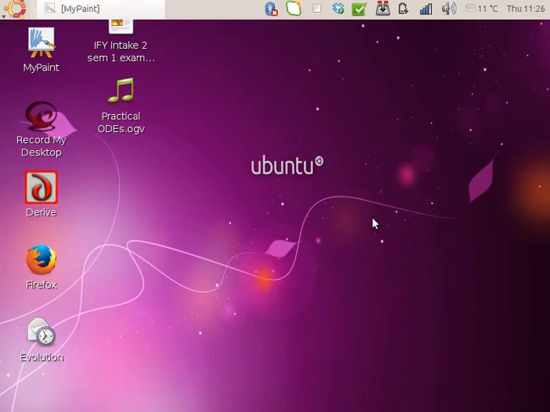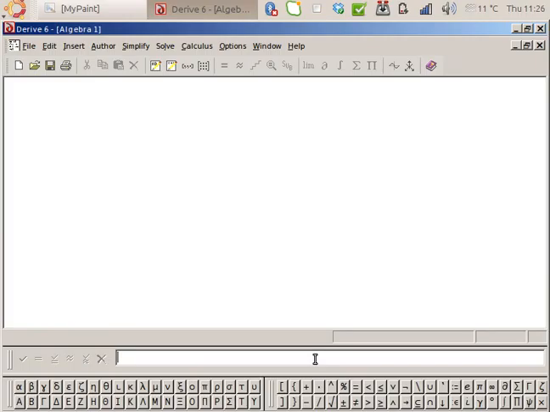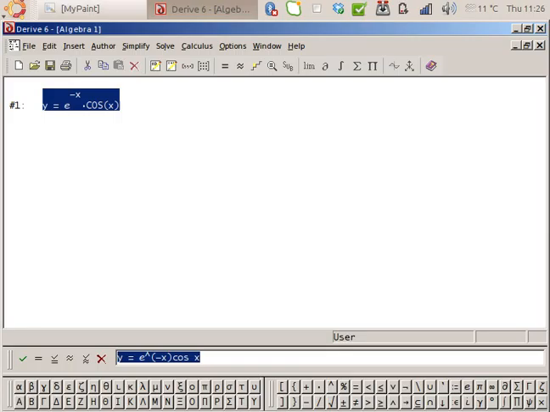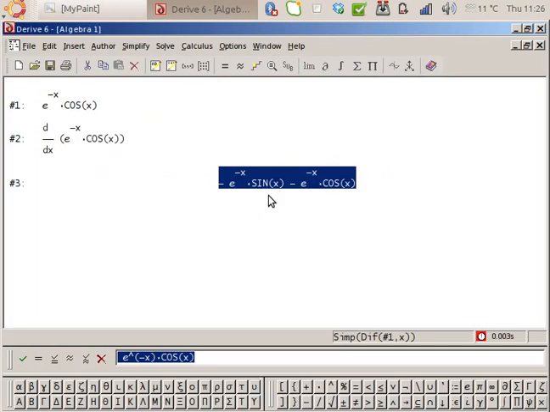Okay, so the second last one. I tell you y equals e to the power of minus x cos x. Let me get rid of the y piece there. So there's y, and there's the derivative of y using the product rule.